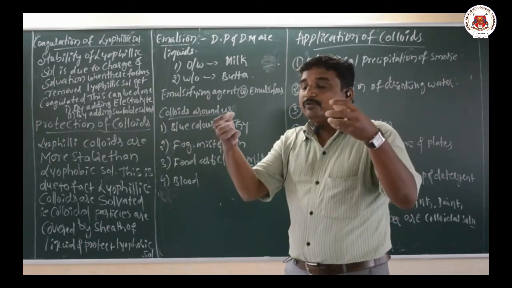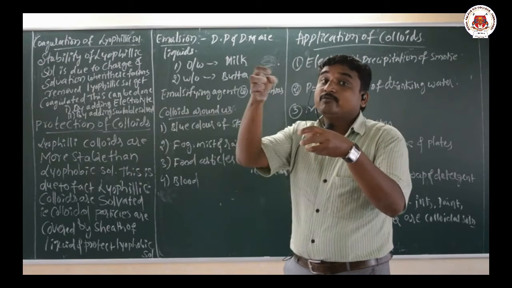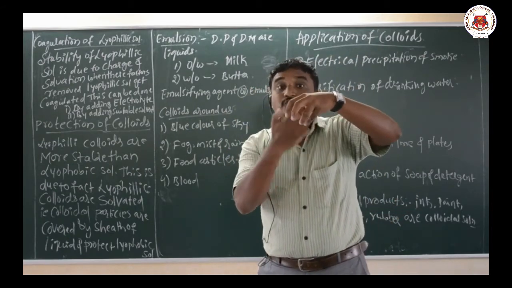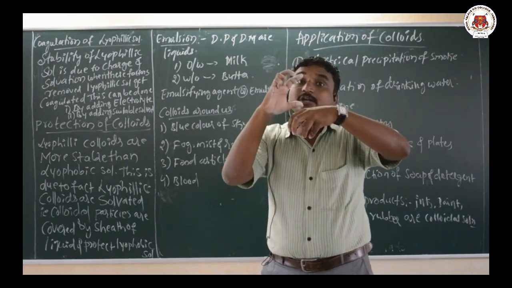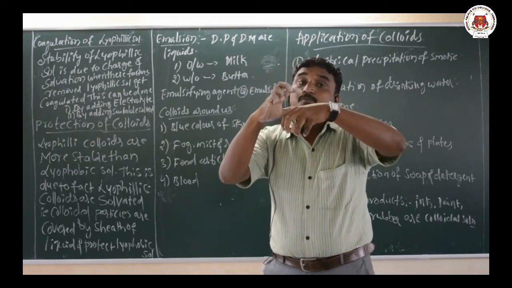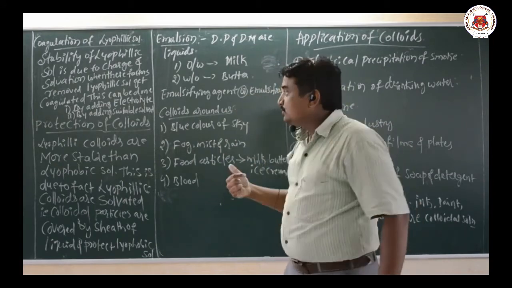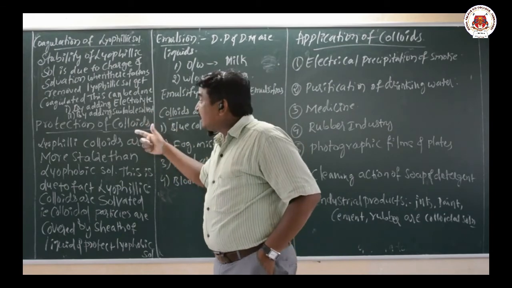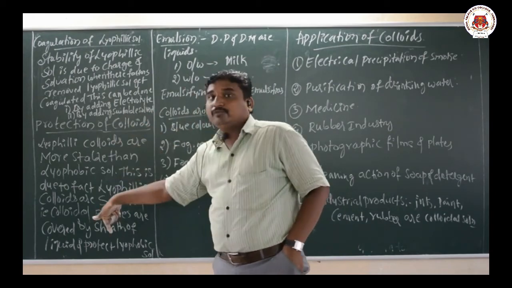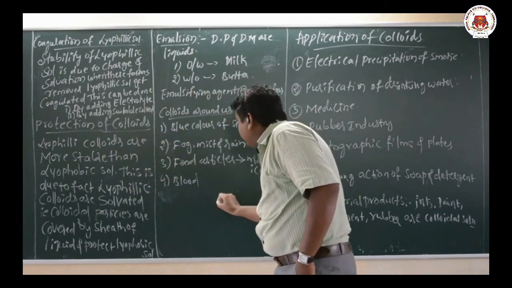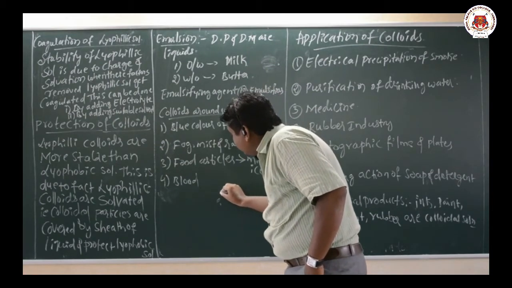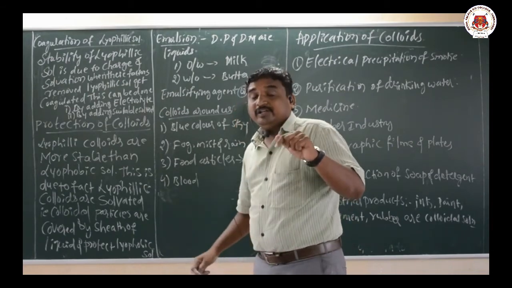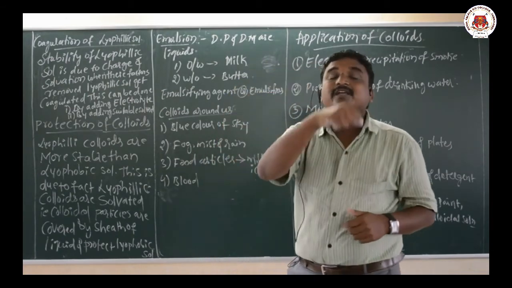When we mix lyophilic sol and lyophobic sol, the lyophilic sol covers the lyophobic sol, hence the lyophilic sol gives protection to the lyophobic sol. So this is the protection of colloids.